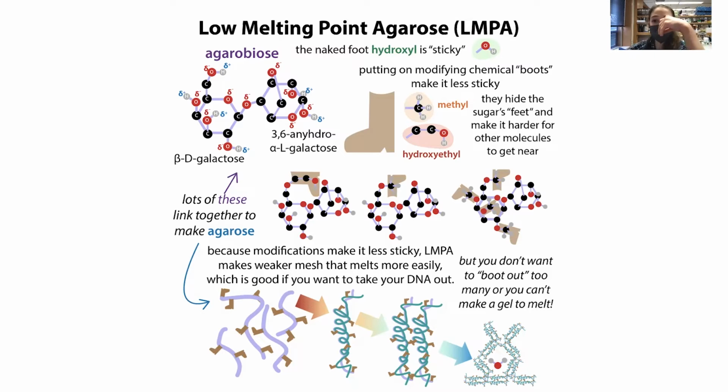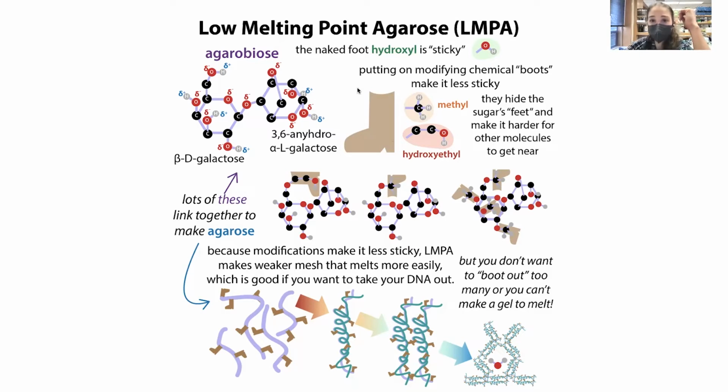But your DNA is typically double-stranded. If you've done PCR, you know that if you heat the DNA up, you separate the strands. Well, if you want to heat it up to melt the gel, you want your gel to melt before your DNA melts, because you want to keep those DNA strands together but unknit the gel.